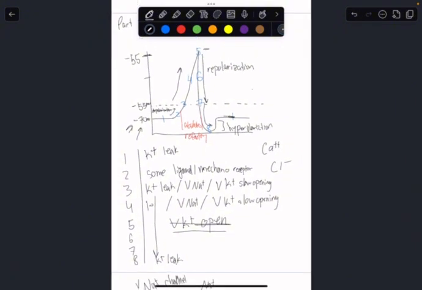During this time, you could technically have another action potential occur, but it's really hard because you're a lot more negative at this point at 8 with the hyperpolarized state. But it's technically possible, so they call it the relative refractory period. It's relatively refractory.